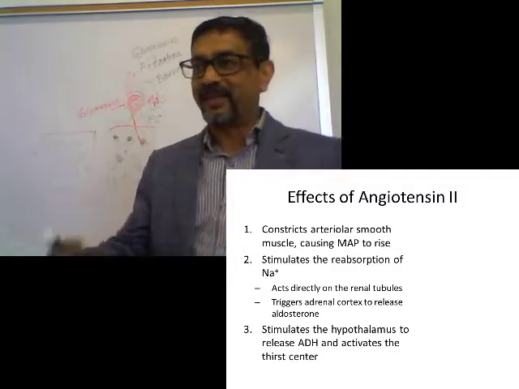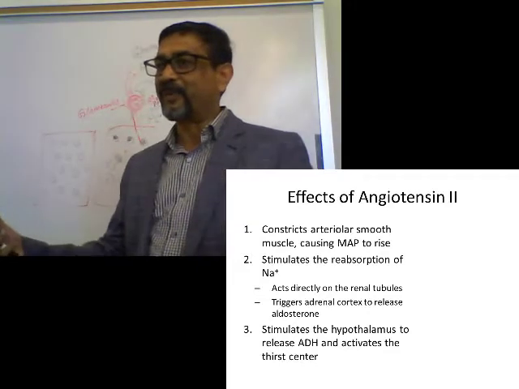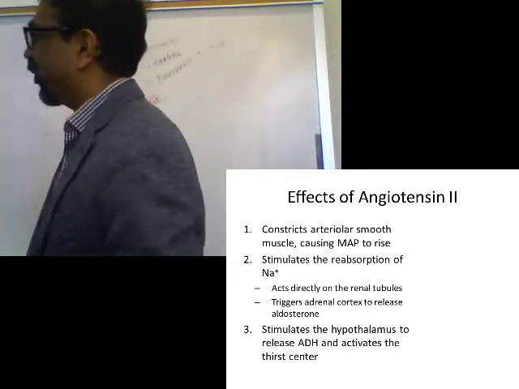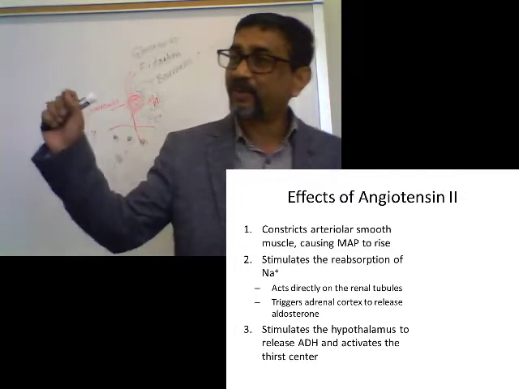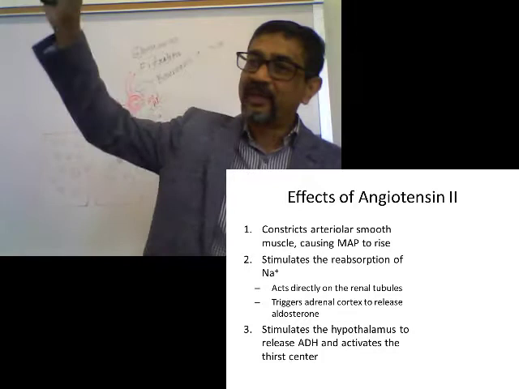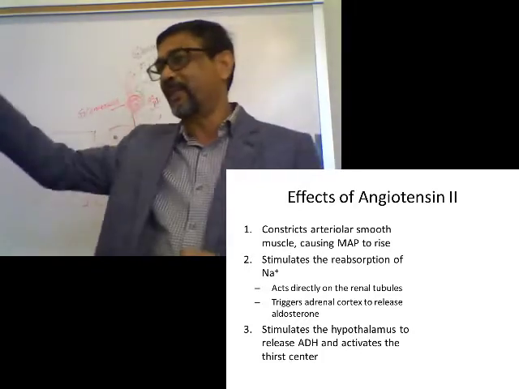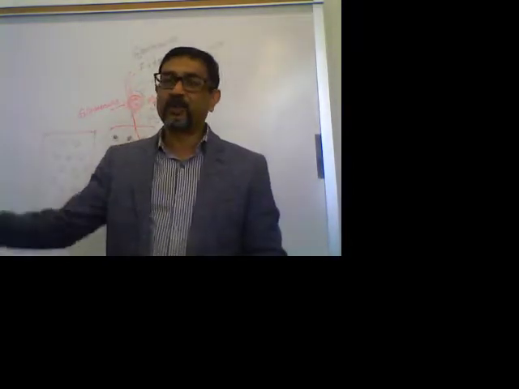That means further sodium reabsorption occurs. More water gets back into the body. Blood volume increases the blood pressure. So directly causes sodium reabsorption, angiotensin II. Also stimulates the adrenal gland to release aldosterone that causes the further reabsorption of sodium. Is it clear? So directly and through the aldosterone.